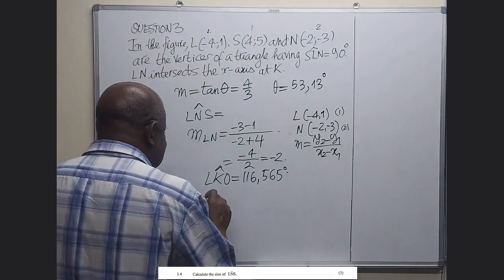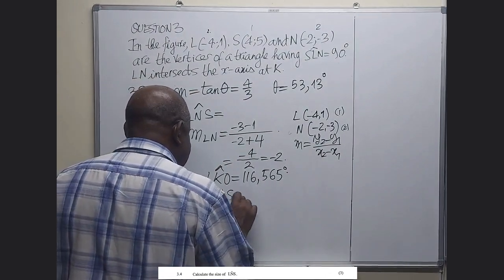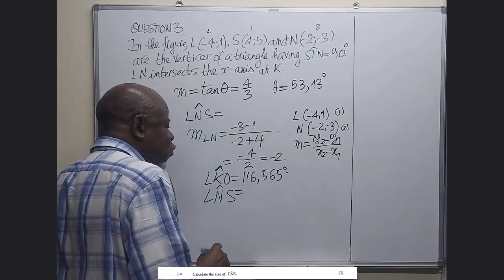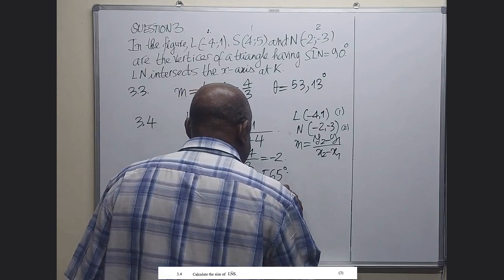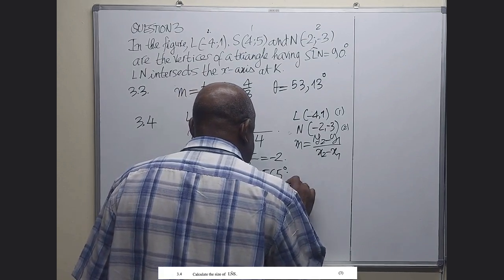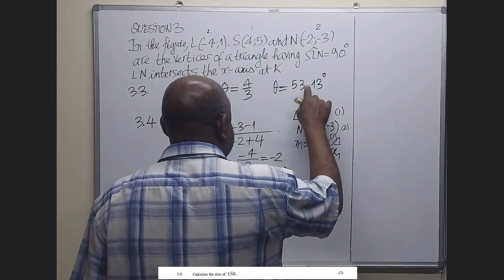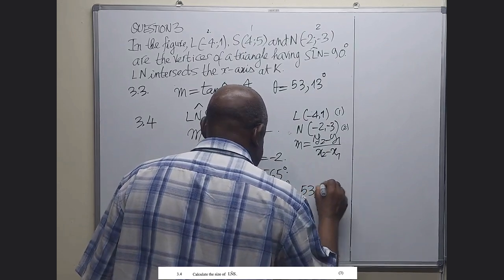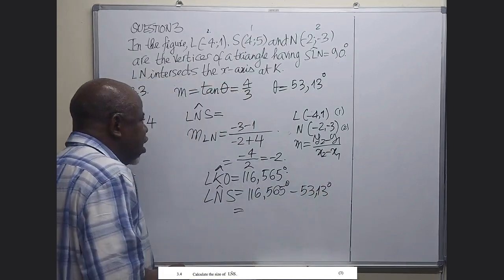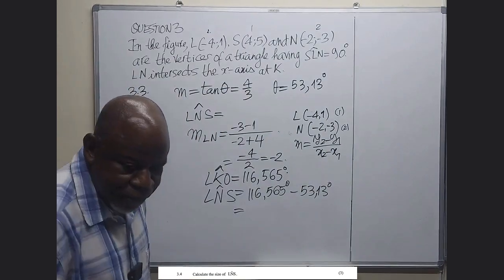Now, angle LNS is going to be 116.565 degrees minus this angle, theta, 53.13. And this will be the answer for question 3.4.